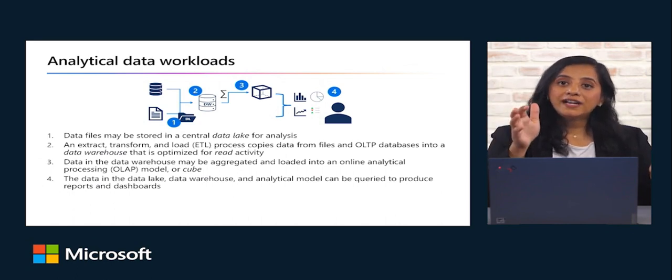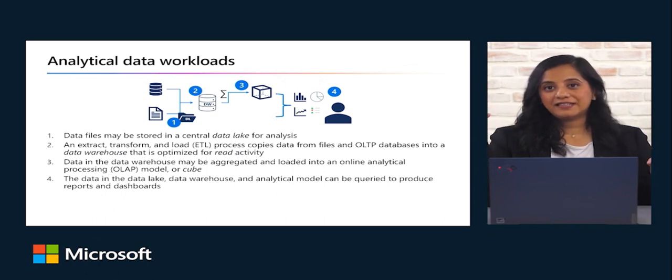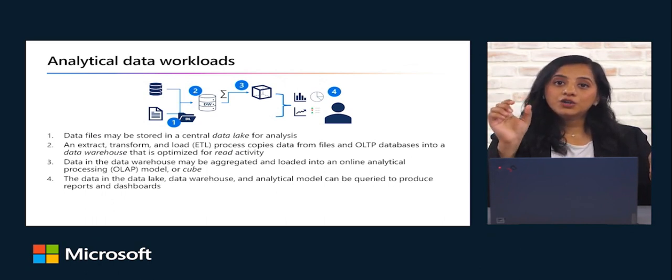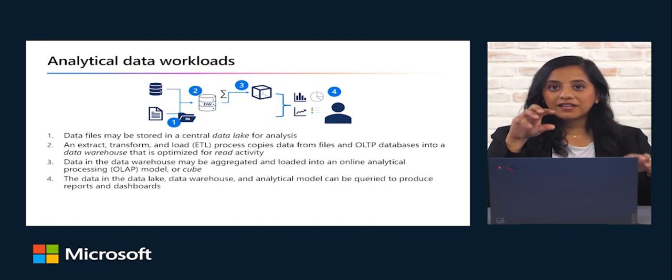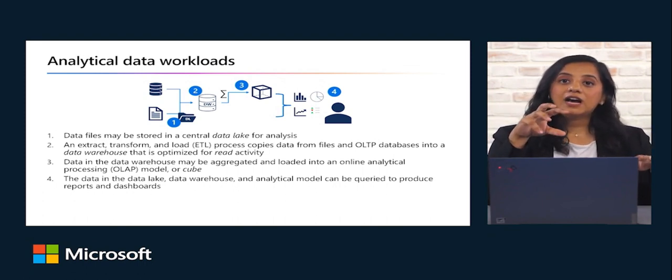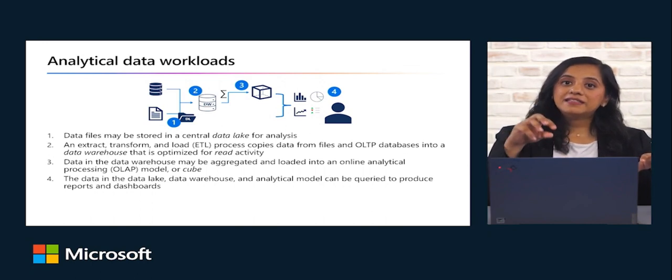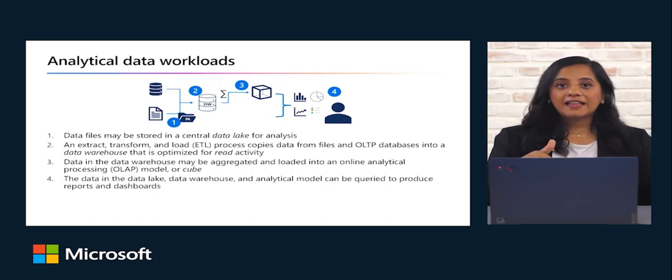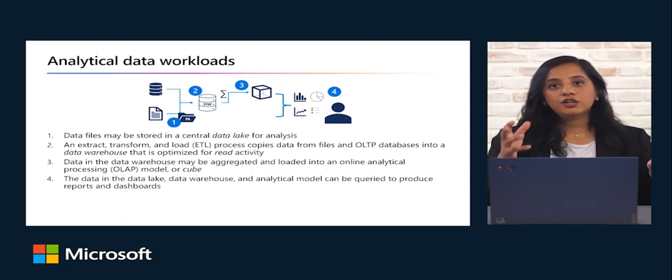It is the Online Analytical Processing model, or a cube, as you can see from its shape, with aggregated numerical values from the fact table. The data in the data lake, the data warehouse, and the analytical model can be queried to produce reports, visualizations, and dashboards, as you can see in step 4.